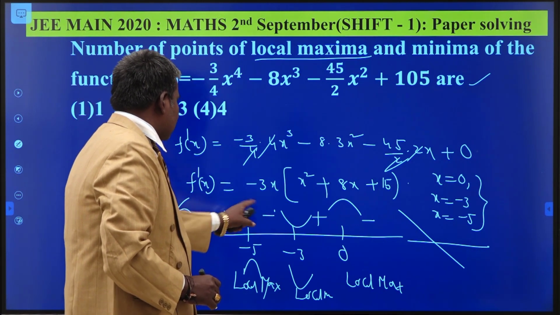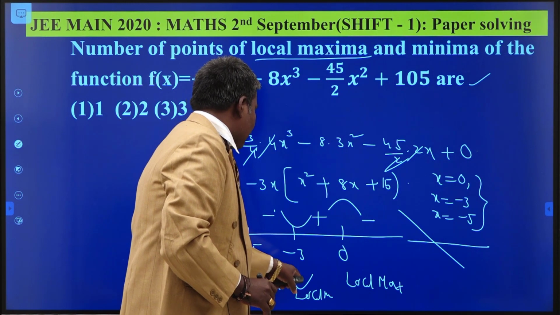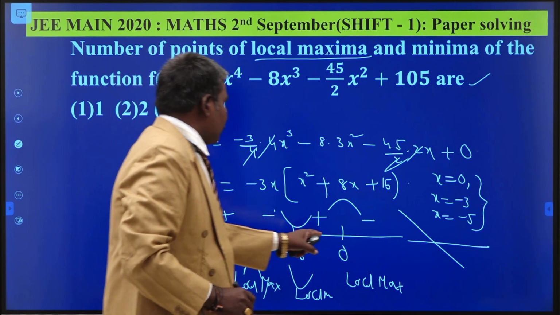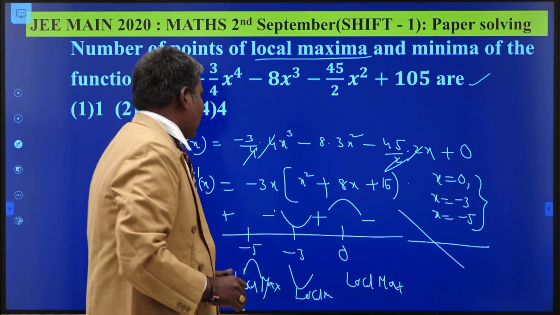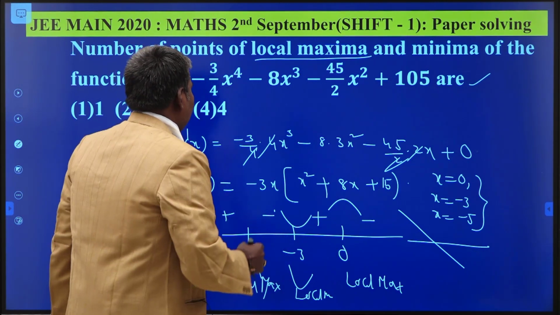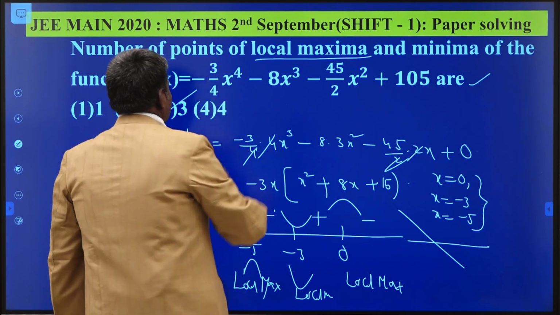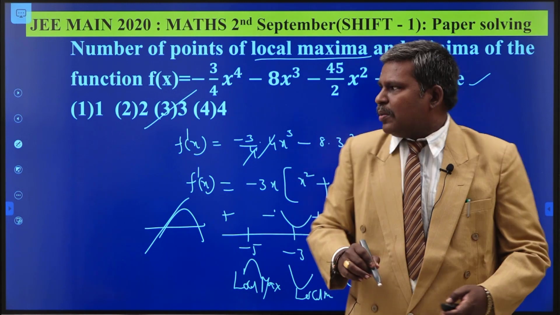Plus to minus, we mean local maximum. Minus to plus, we mean local minimum. So the number of local maxima are 2, local minimum is only 1. So the total number of local maxima and local minima is 3. In this manner we can write the problem.